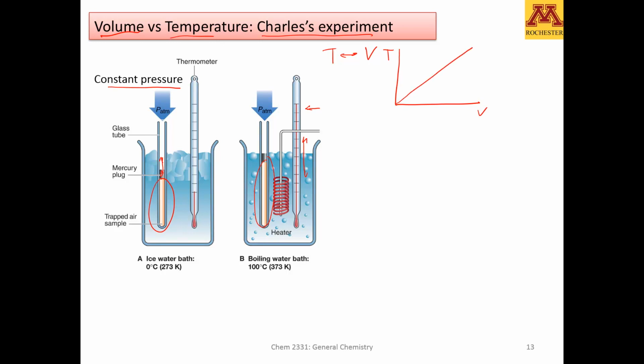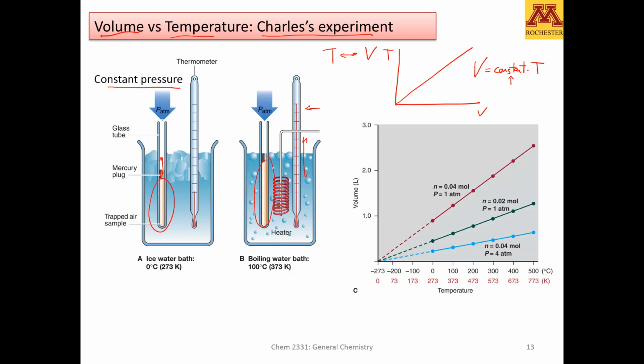Okay, this means, let's put it in a mathematical form, that volume is a constant times temperature. This constant may not be necessarily the same as the constant of proportionality between pressure and the inverse of volume, like in Boyle's experiment, but he saw a straight line.